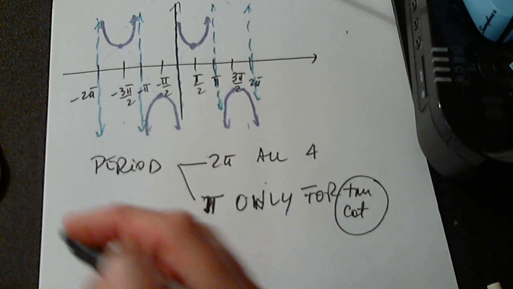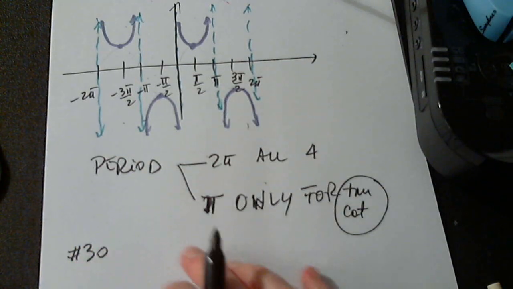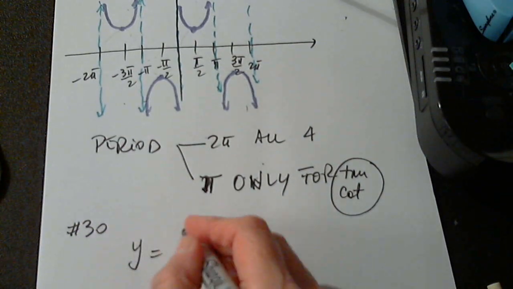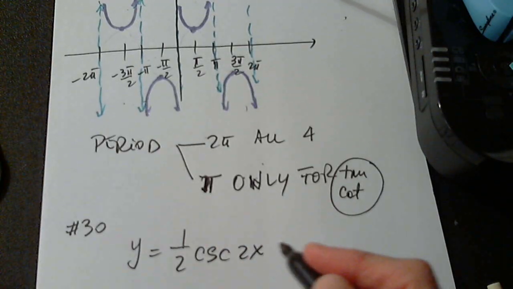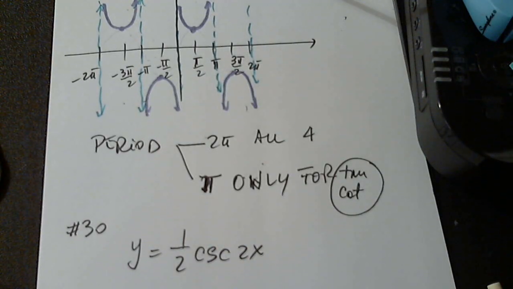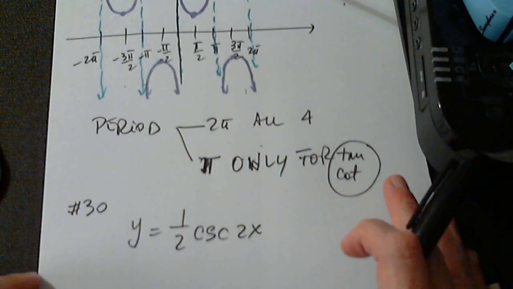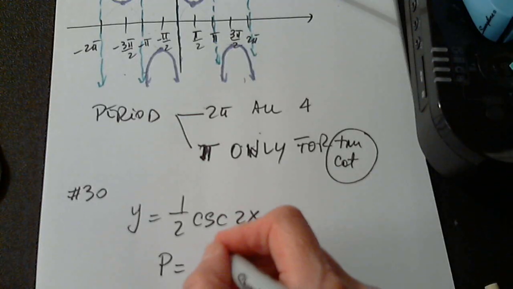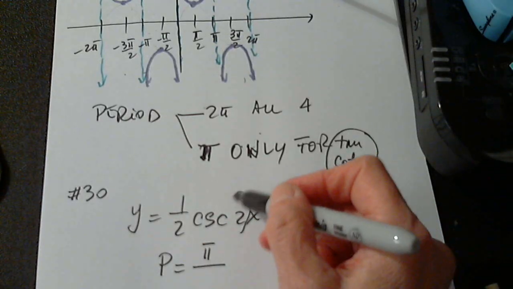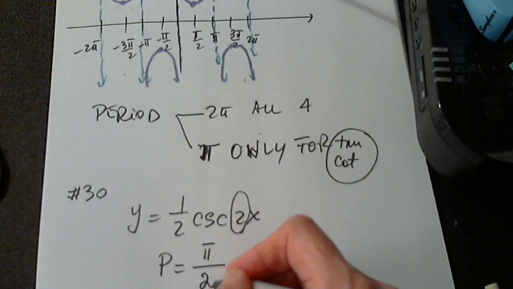So let's look at just one example, number 30. So y equals 1/2 cosecant 2x. They want us to determine the period and have an idea of a graph. And we're going to graph it together. Okay, so first of all, the period of this function is pi over the number in front of x.